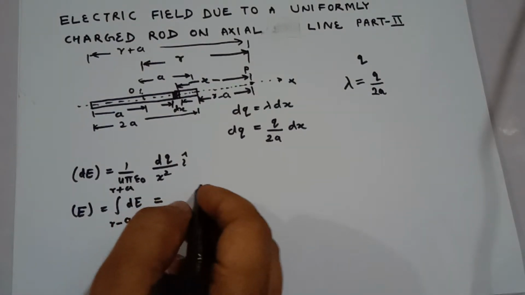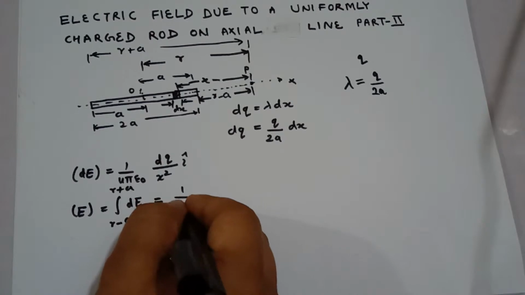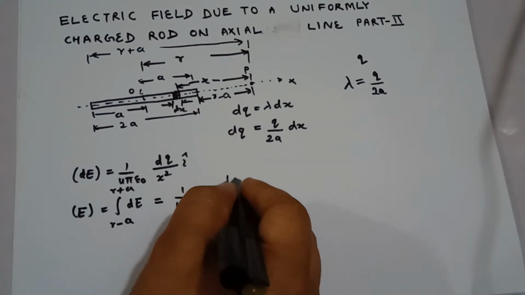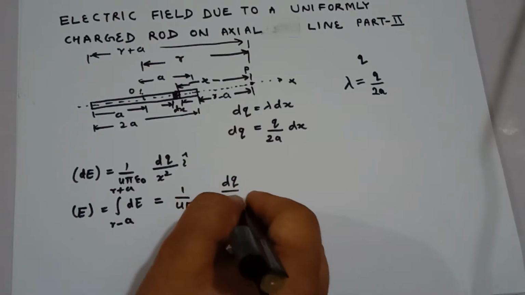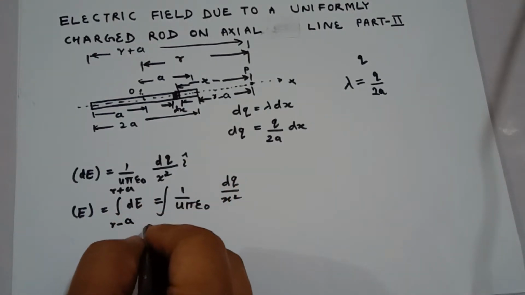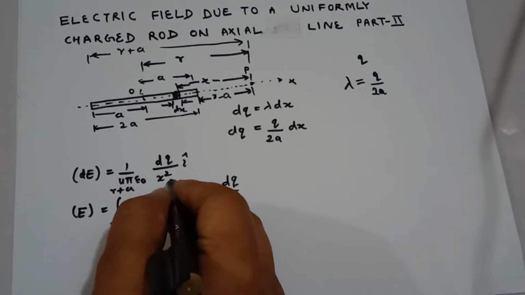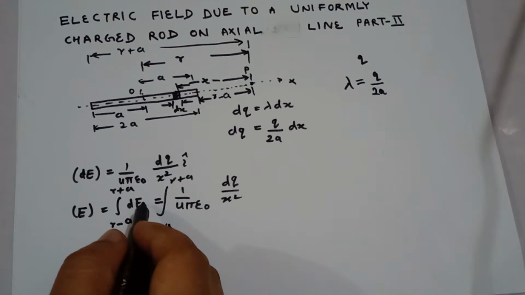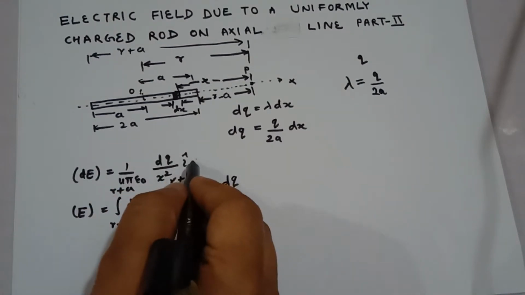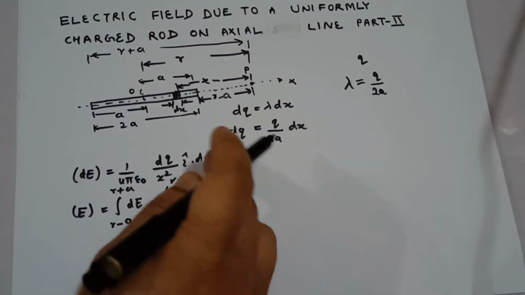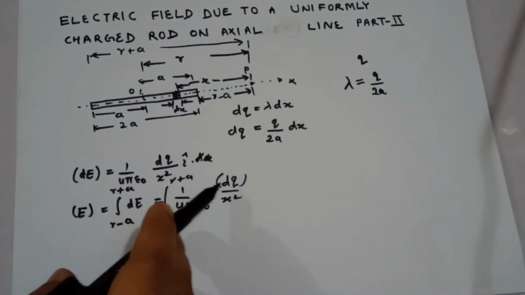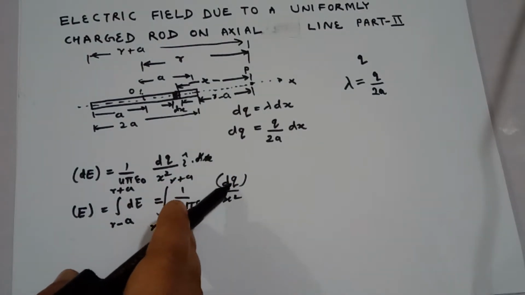So let us write the value of dE, which is nothing but 1 by 4 pi epsilon naught, dq divided by x square, integrated from r minus a to r plus a. Now you have to change what dq is.